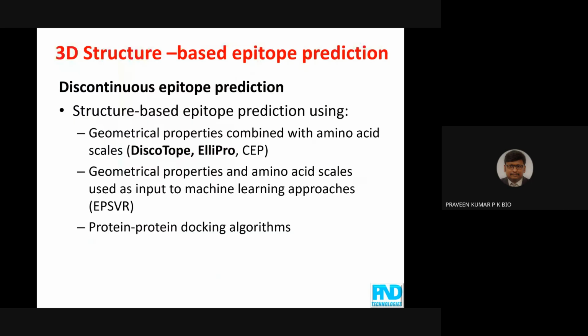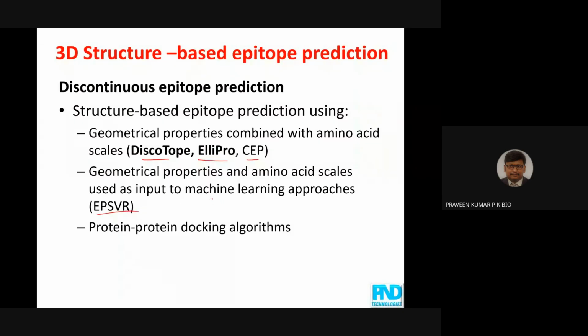Discontinuous epitope, this is the conformational epitope. Here in IEDB, we have DiscoTope, and we also have other tools from other servers. This uses geometrical properties combined with amino acid scales. The next uses geometrical properties and amino acid scales as input to machine learning approaches. For this, we can use this tool.